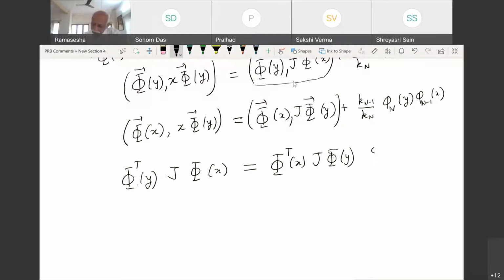Are they equal? If J is Hermitian, then they are equal. J is real symmetric, so they are equal.